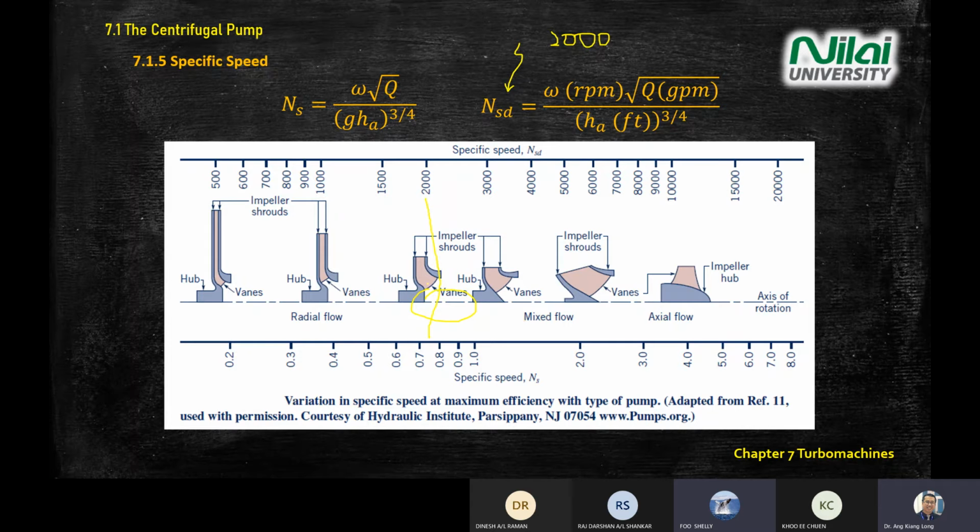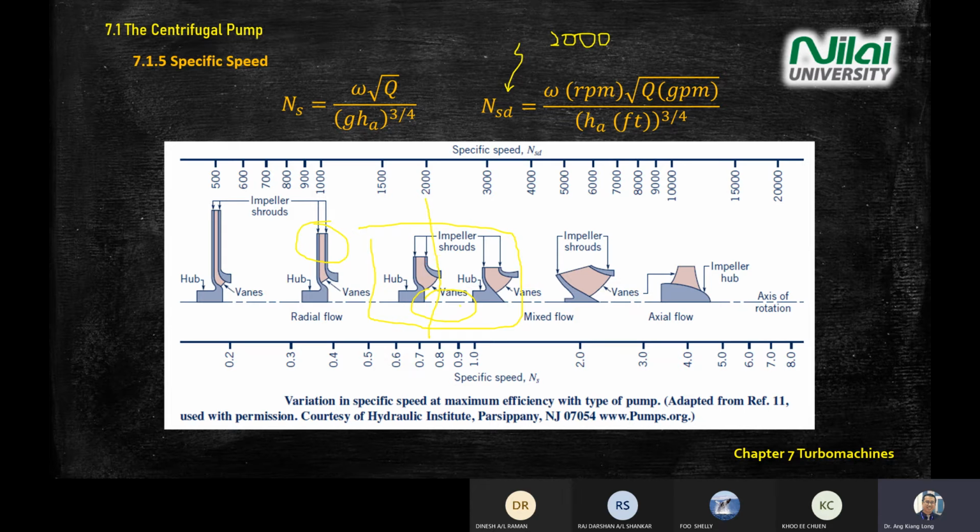But in your pump, you need to select something when you have the cross section. You need to find something where the strut, the impeller, is not higher than this height. It must be lower than the radial flow, and not too low until it meets the axial flow.